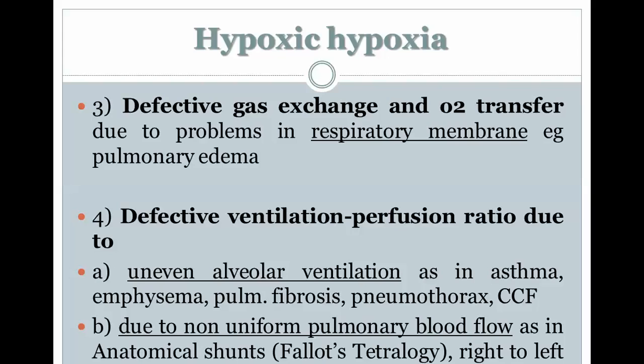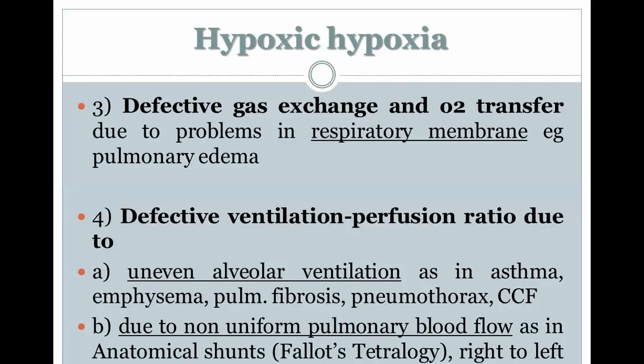It's normal. Okay? Let's take another example. A patient has pneumonia or pulmonary edema. The alveolar oxygen pressure, PAO2, how much? 110. There is no problem here, no CO2, no high altitude, no anything. But then there is a problem in the membrane, so diffusion is impaired.